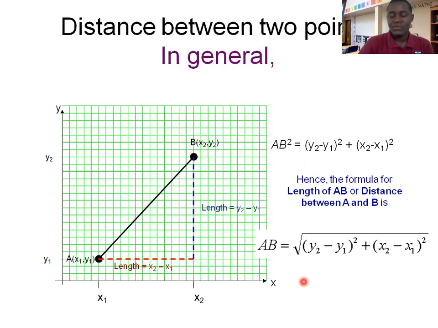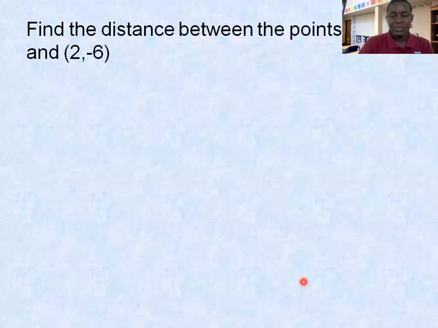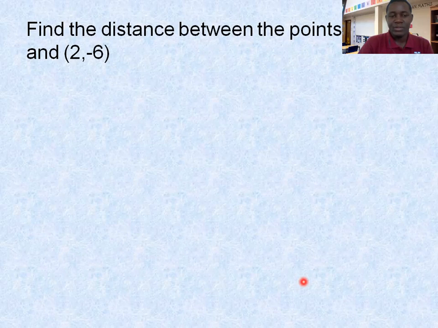So this gives us the formula for finding the length or the distance between two points. Remember, the distance between two points formula can also be regarded as the length of the line joining those two points together.